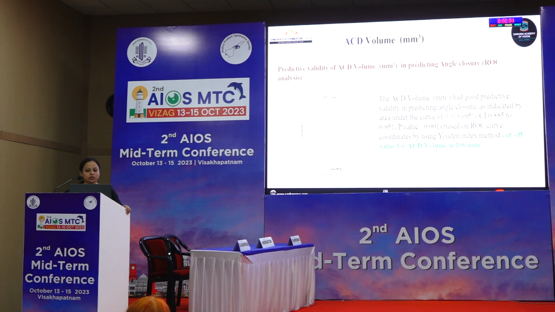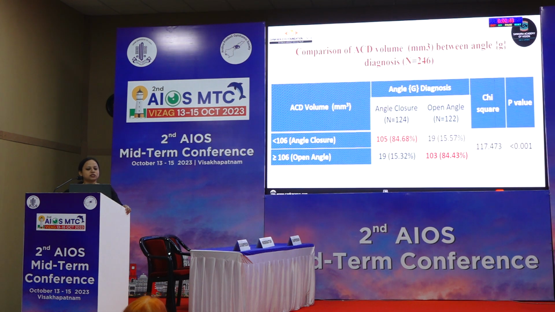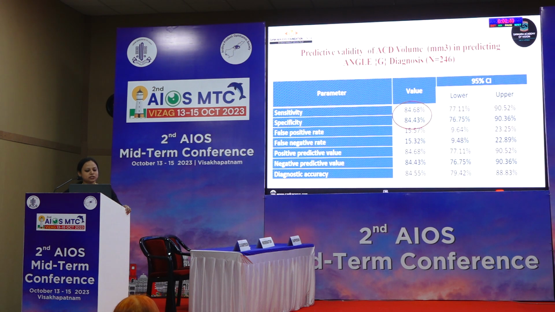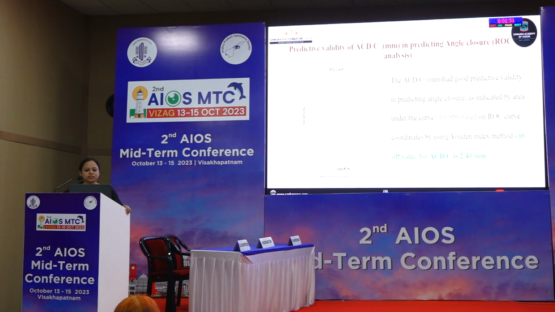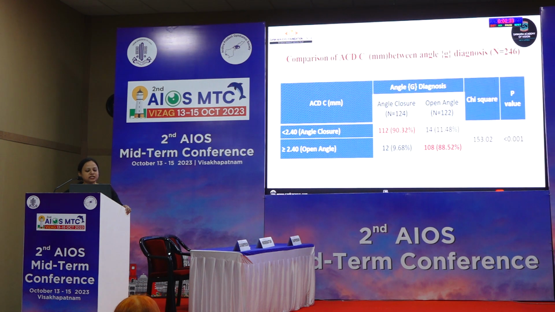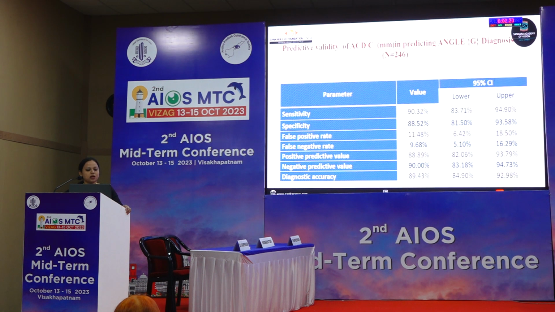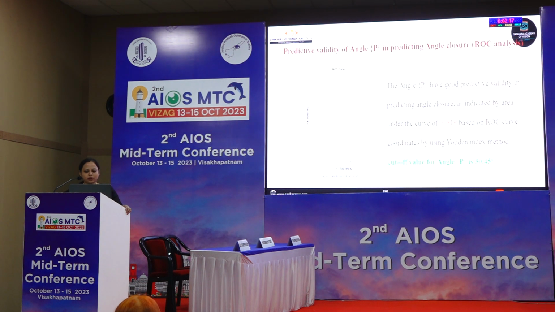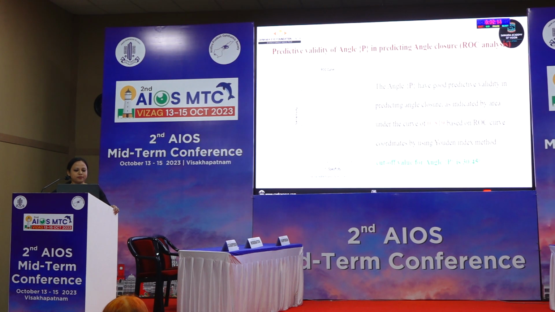We got a cutoff value for ACV of 106 after ROC analysis. Sensitivity of this test is 84.68%, specificity 84.43%, and diagnostic accuracy 84.55%. In the same ROC analysis, we got a cutoff value for ACD of 2.40 millimeter, with sensitivity 90.32%, specificity 88.52%, and diagnostic accuracy approximately 90%. For the angle, we got a cutoff value of 30.45 degrees.